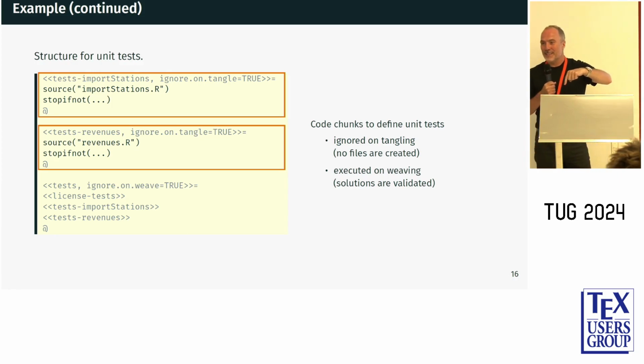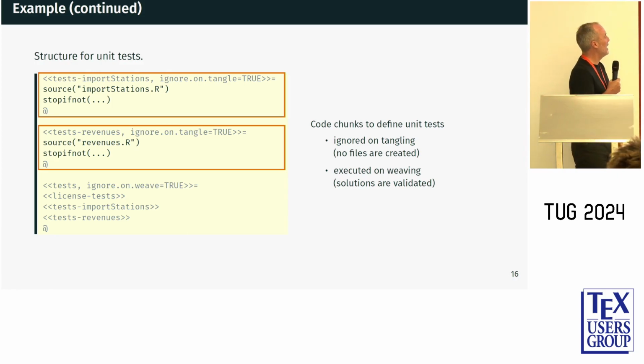And then I'm weaving, and now I can rely on the material that's been tangled. And here, just to show a little example of what we can do, these code chunks are actually not tangled because I don't want to have separate files for each and every test. I want one big file for all the unit tests. So basically what I distribute to students is one large file containing all the unit tests.